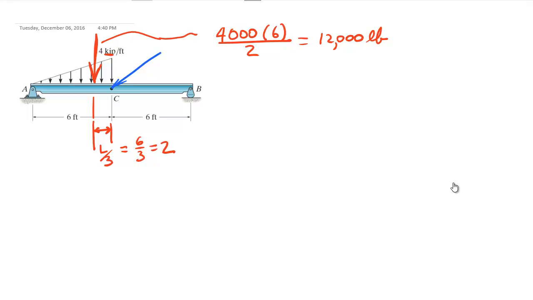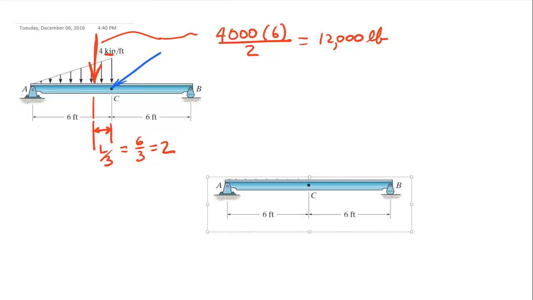Again, if you look at this, that is the area in green right there: 6, 4,000, and then half of it. So what we're looking at is 12,000 pounds sitting right there, as if you replaced the distributed load with that.